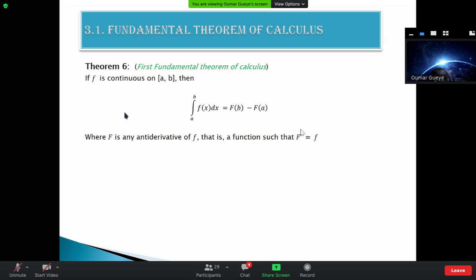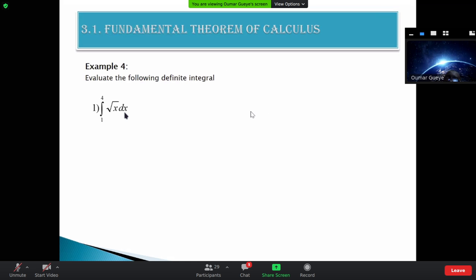So you find an antiderivative and you evaluate it at b, the top, minus its value at a, and you get your definite integral. In this case, it's going to be for sure a number because your function is continuous. And we've seen any continuous function on a closed interval is going to be integrable on that interval. That's why for sure you'll get a number. If you use the limit method, you'll get the same thing.